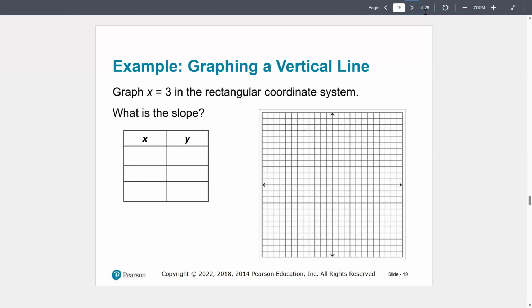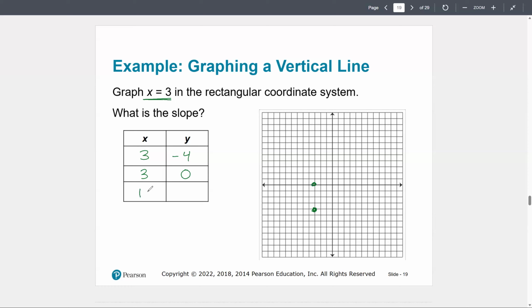So if I have x is equal to 3, if I pick y values this time, let's say y is -4. If y is -4, my only choice I have for x is 3. If y is 0, my only choice for x is that x has to be 3.